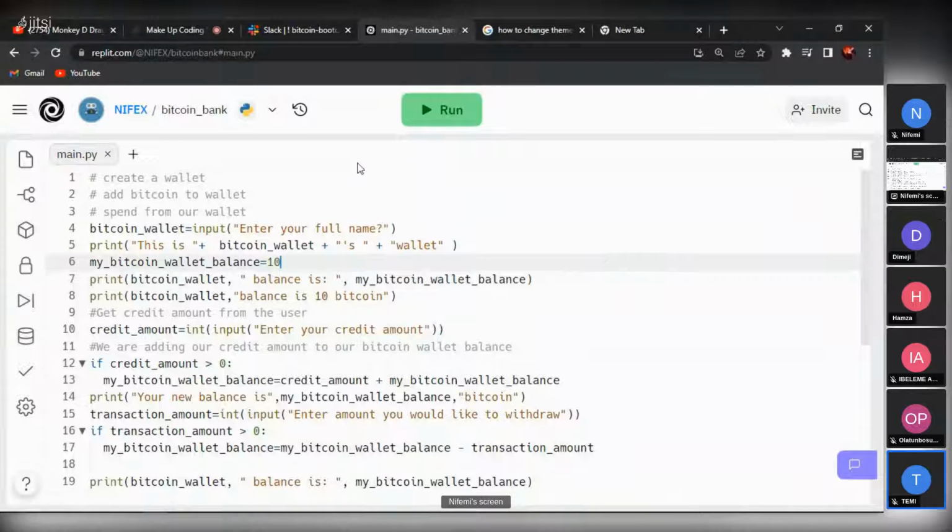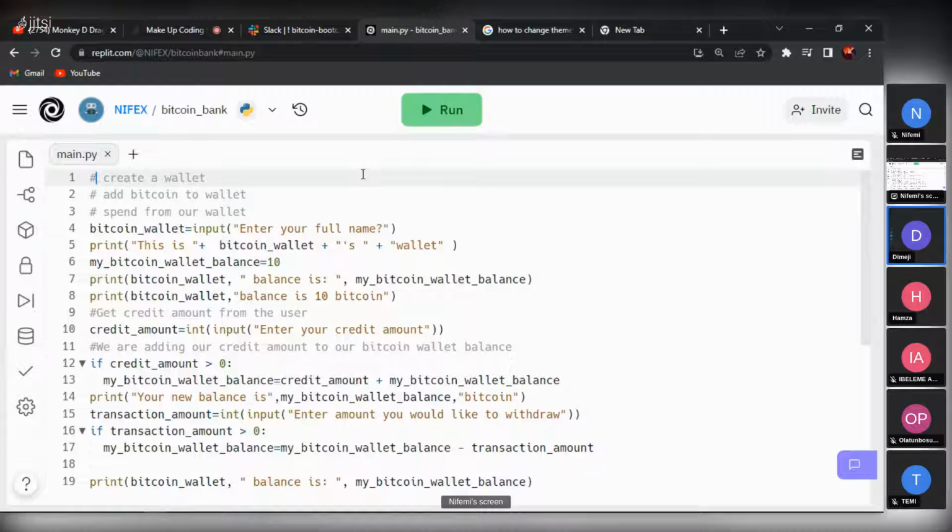It's telling us the owner of the wallet. And line 7 is telling us to print the person's name, the balance, my Bitcoin wallet. They are naming the amount that is inside the Bitcoin wallet and giving it a variable. Thank you very much. That's correct.